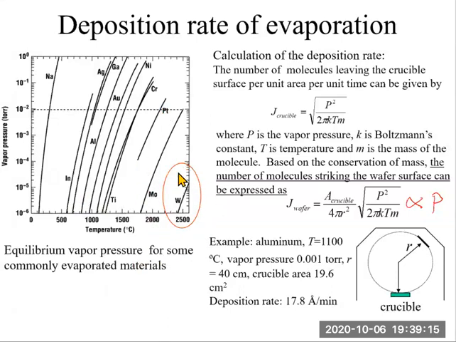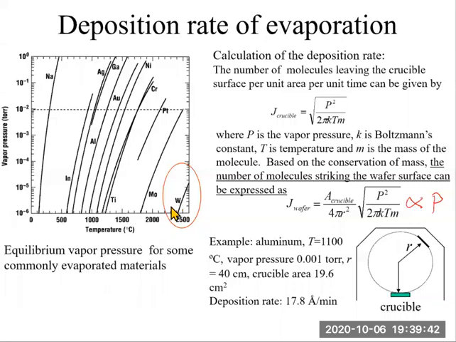In addition, we can observe tungsten in this corner. W stands for tungsten. So we can see that tungsten has a very low vapor pressure, even at 2500 degrees C. So tungsten is very difficult to evaporate.